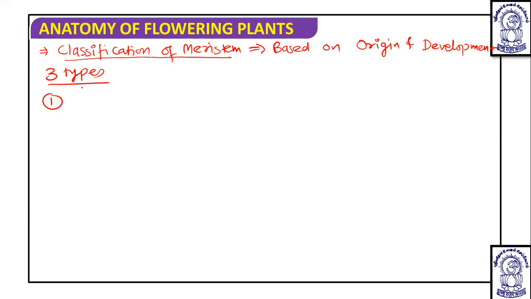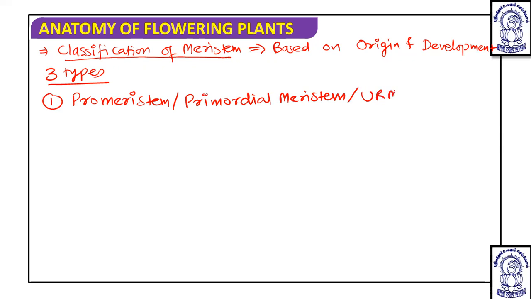First type is known as promeristem, or primordial meristem.